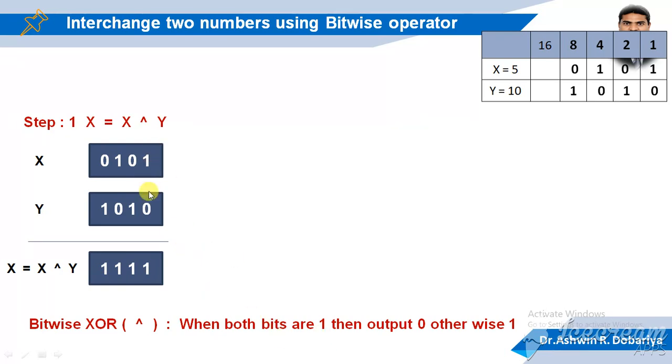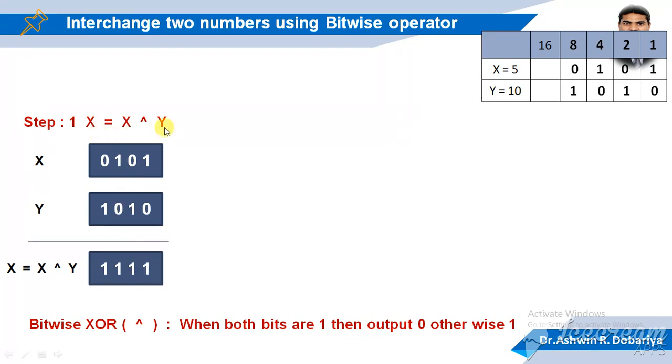If both the bits are 1, then the output is 0, otherwise the output is 1. Here, in each position, both the bits are different, so the output is 1111.